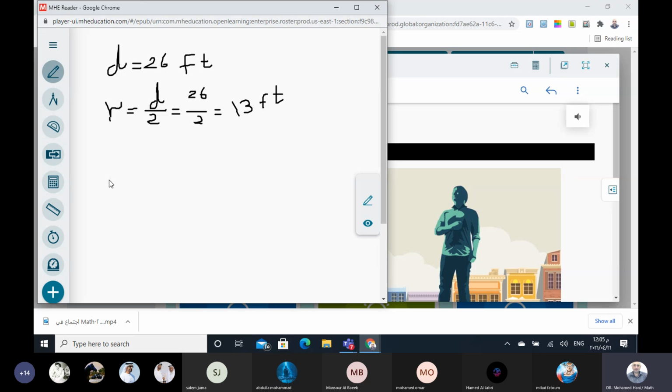Now write the formula. Area of the circle equals pi r squared. The pi equals 3.14, and the r equals 13, and squared means 13 times 13.